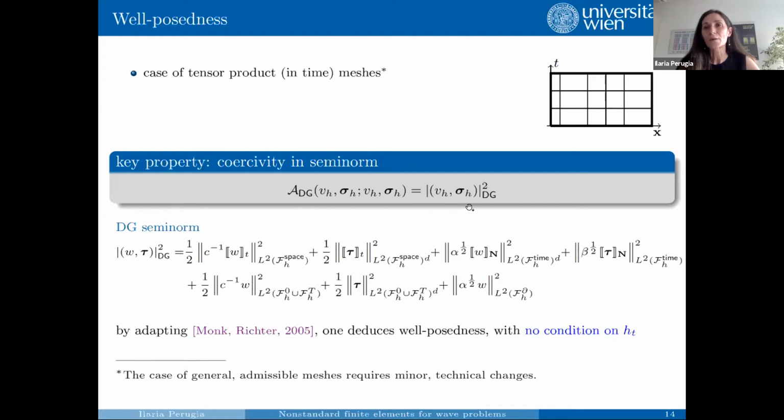This is only a semi-norm, but this structure is similar to the structure of an elliptic problem. This is going to be very useful for the analysis, because you can partly treat the discretization of this hyperbolic problem like in the elliptic setting.